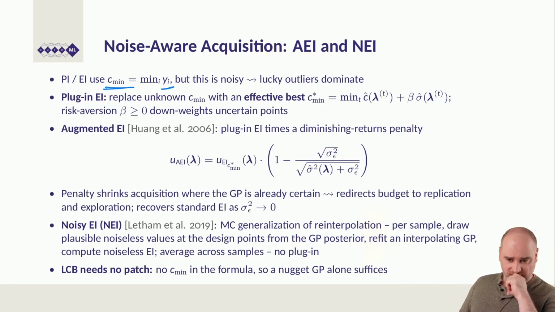And this we usually do by creating something that's called a plug-in value for C min. So instead of computing this thing on the noisy values, we compute an effective best C min star by employing our surrogate model. We compute the posterior mean, and then we potentially even add plus beta times the posterior standard deviation.